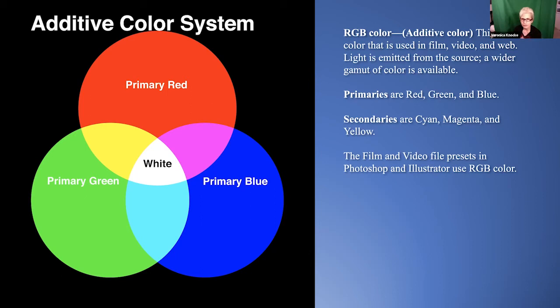The primaries are red, green, and blue. The secondaries are cyan, magenta, and yellow. And film and video file presets in Photoshop and Illustrator will use RGB color because that is the color that it needs to be for film and video. If you use some other color, it has to translate it.